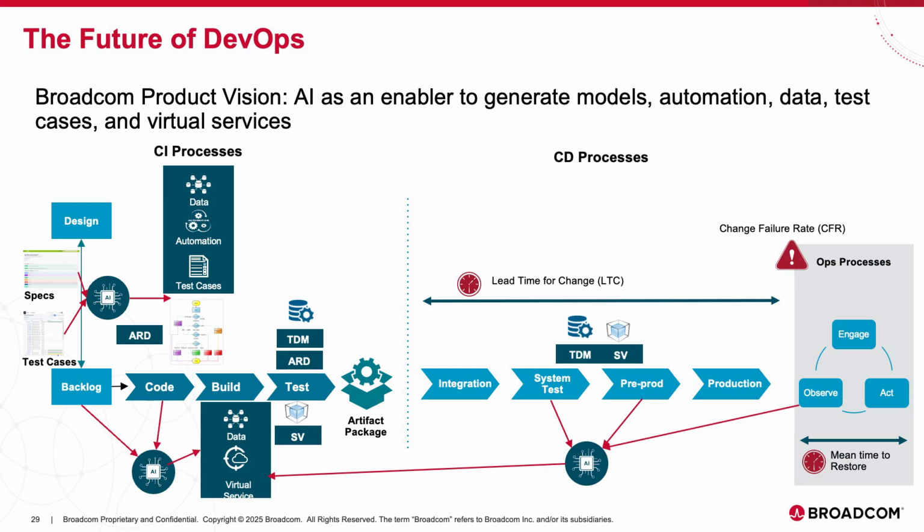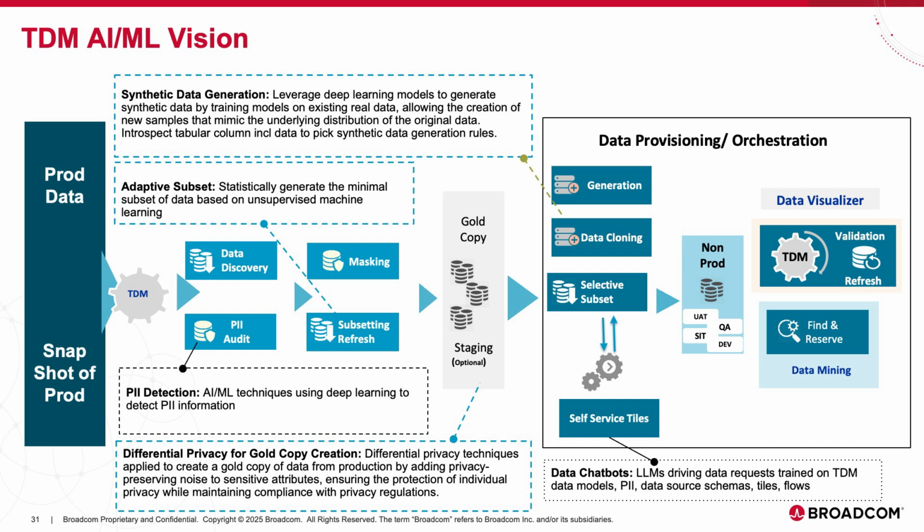We also are looking from a data perspective. I'm going to skip the ARD stuff and jump into some of the things we're looking at. We have a number of different things for our vision for TDM in terms of getting the right kind of data. One is augmenting synthetic data generation, which even today, if you look at AI, is able to do a lot of the simpler use cases.